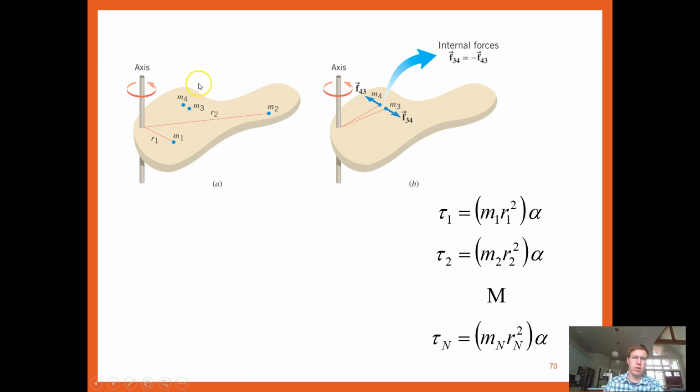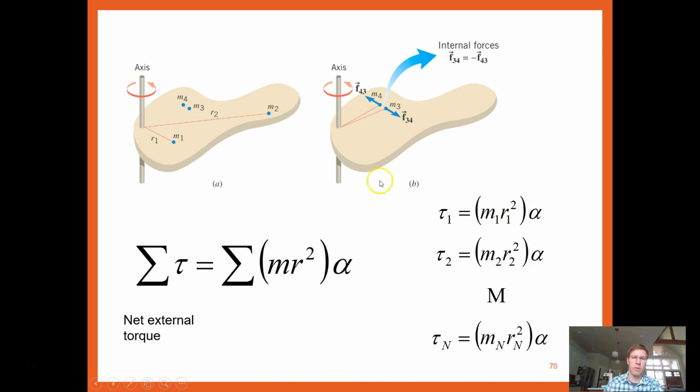So if you have a rigid body with a bunch of different objects, you would need to add up all of the different torques from each different chunk of mass, using calculus to do it most thoroughly, integrating over your entire object. The sum of all the torques is going to equal the sum of all the moments of inertia times alpha, since alpha is the same for all parts of that rigid body. And so what we find is a new definition of Newton's second law as it applies to rotational motion.